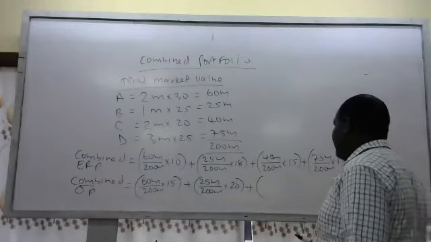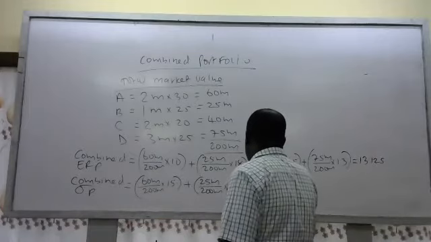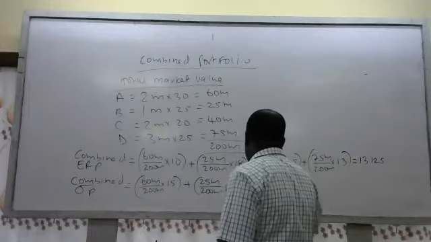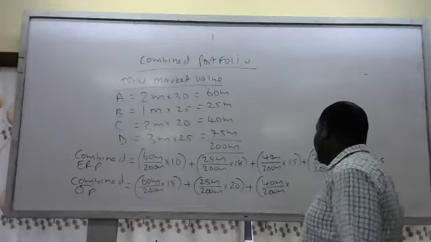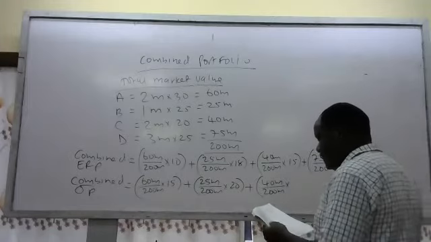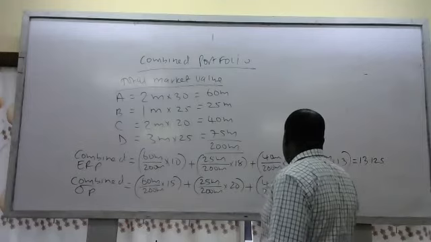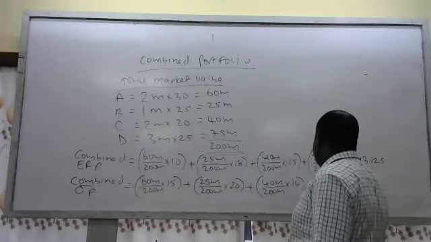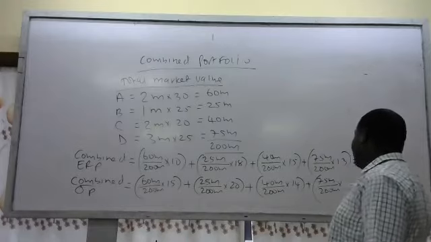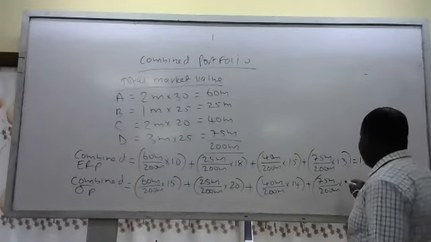Then the next one is 40, also divided by 200. This one we multiply by, is it 14? Yes. And the last one is also divided by 200, and we multiply by 18.